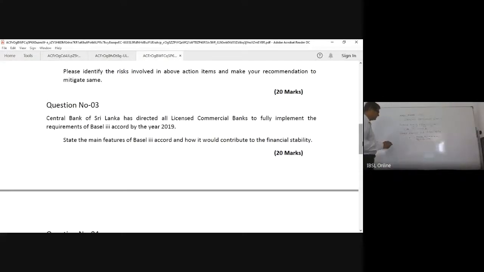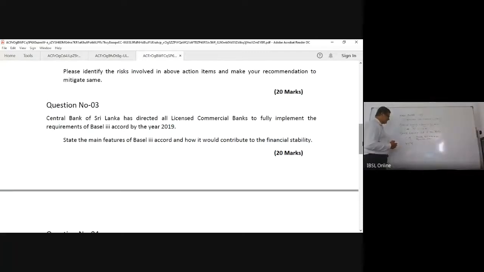The second one is the net stable funding ratio. Unfortunately, I can't ask you this question to explain. What is this? If you were in a classroom, I could have got a lot of answers from you. It would have made my life easy.